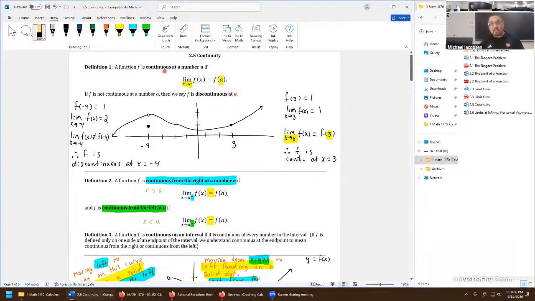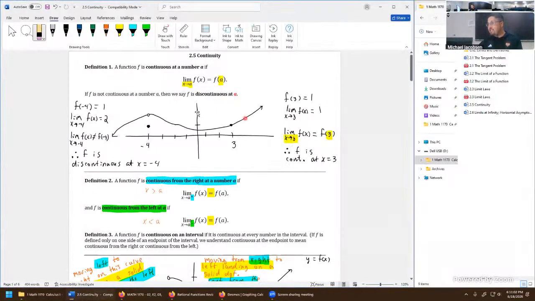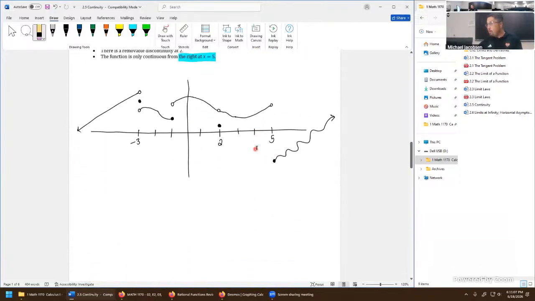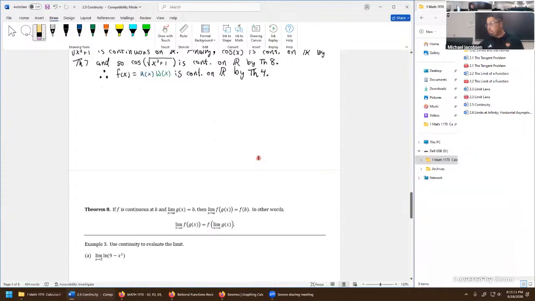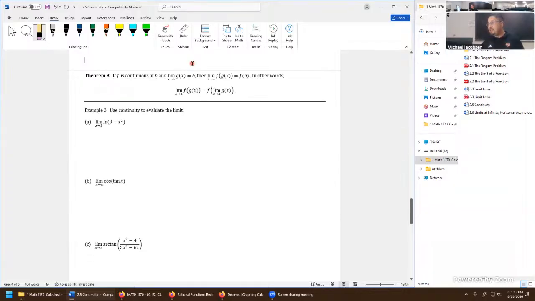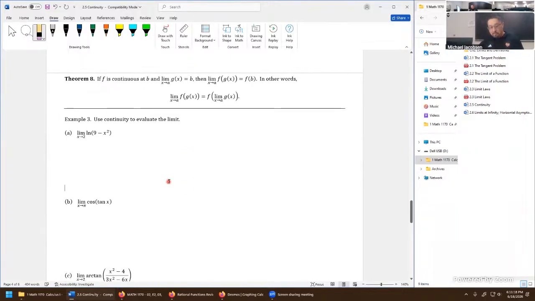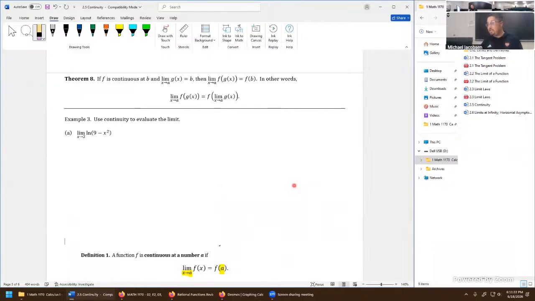So if you're going to use continuity to evaluate a limit, that's what you need, this definition. We want to analyze continuity through the graph. That's important. We want to know what functions are continuous. All these theorems are important. But the instructions say use continuity. The major thing that's really, really important is this tool right here, definition number 1.